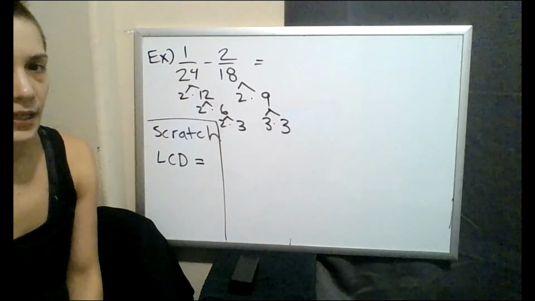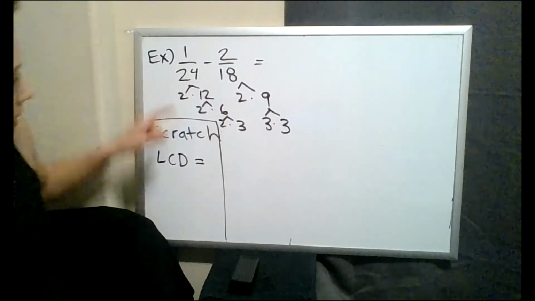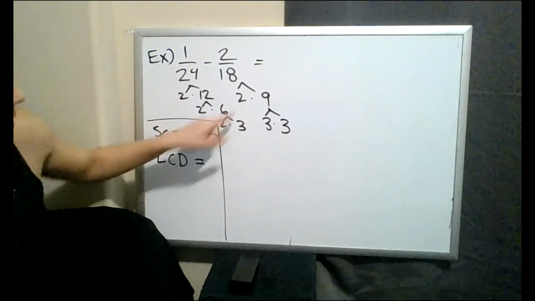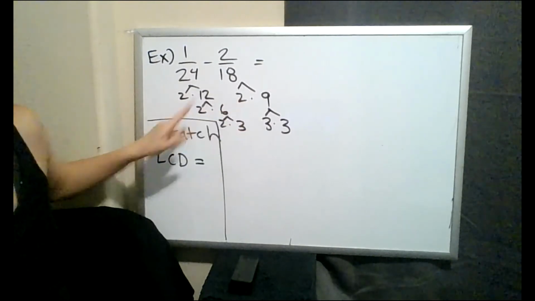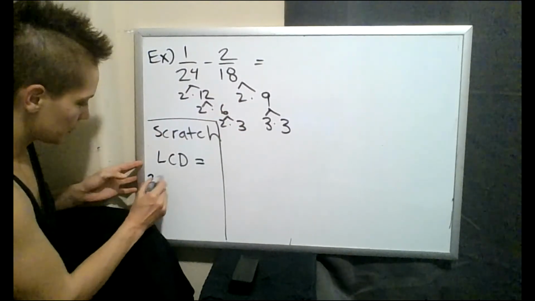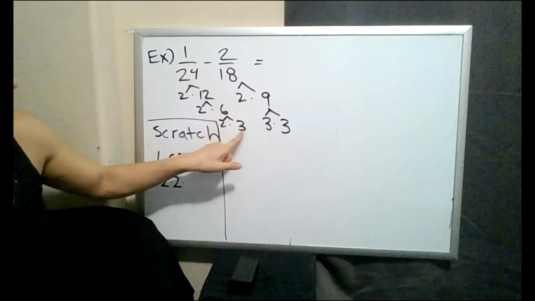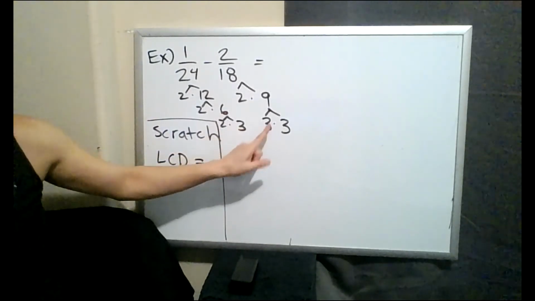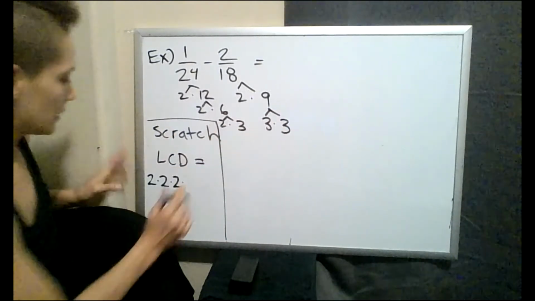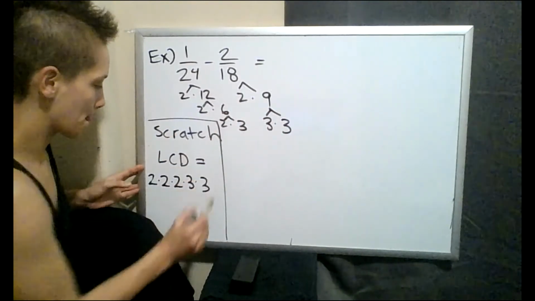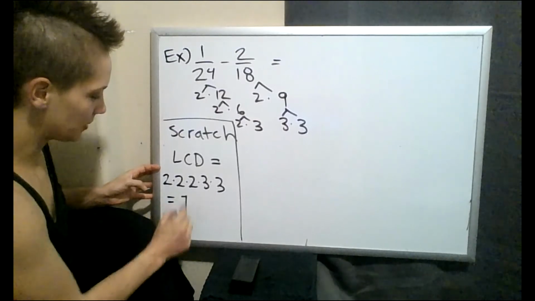Let's start with the factor 2. It's this side with 3 2's versus that 1 2 on the other side. So 3 2's multiplied together. For 3, there are 2 3's over here, so choose the most of the factor 3. This was 72.